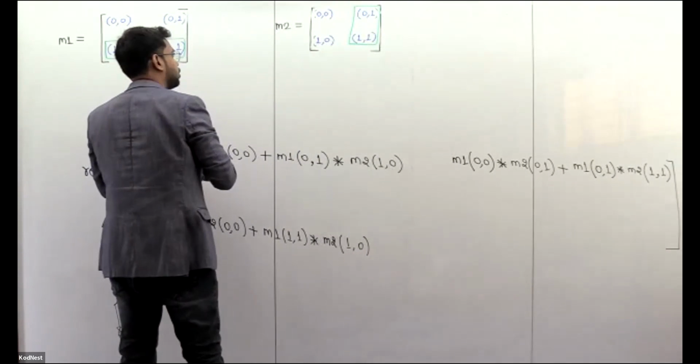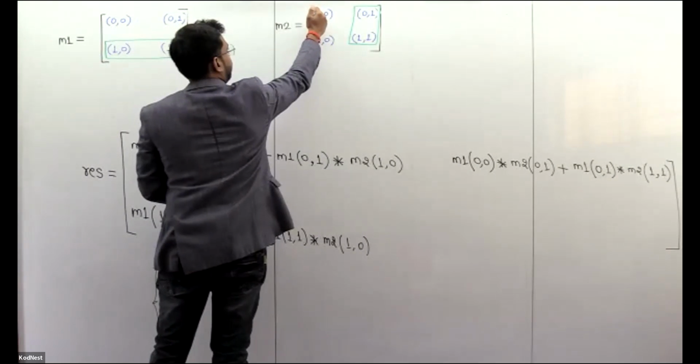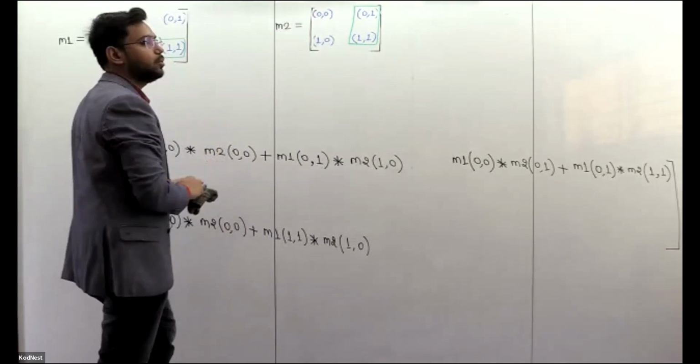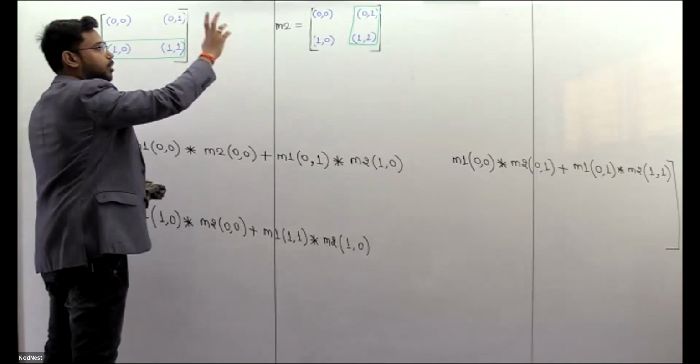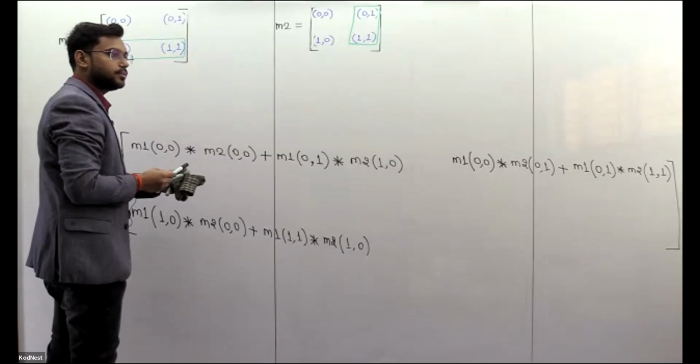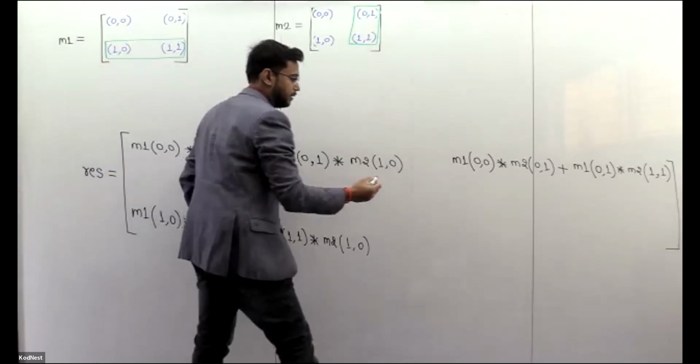That will be your first row and first column of M2, first row of M1, first column of M2. So for this, the formula will be like this.